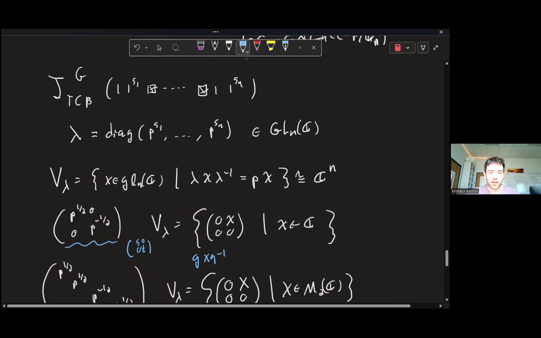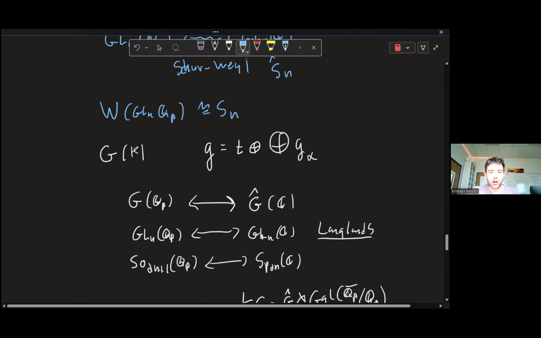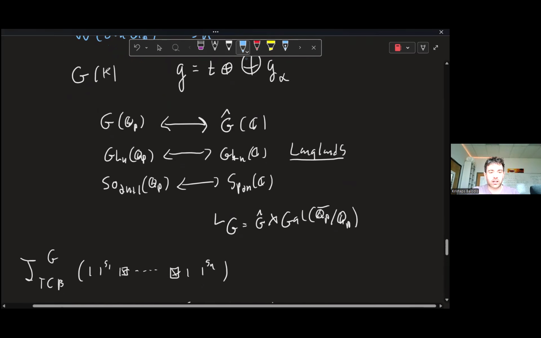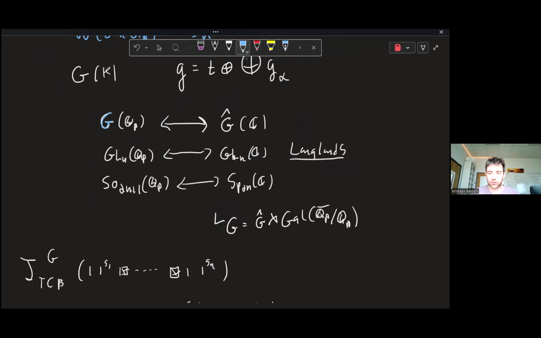Great. So, how do we use this to state a geometric version of the Langlands program? We had talked about previously that every p-adic group has a special dual group attached to it over the complex numbers, which we call G hat.